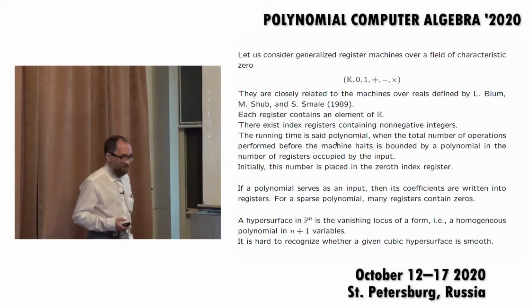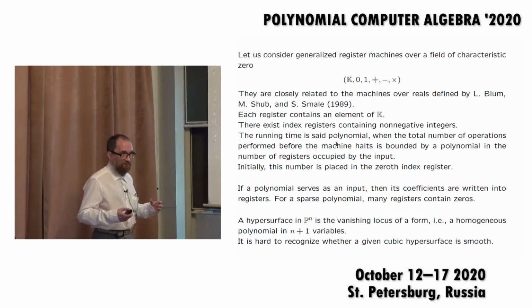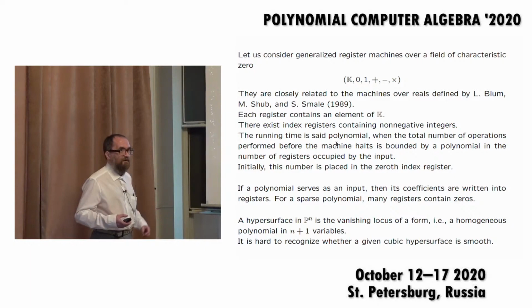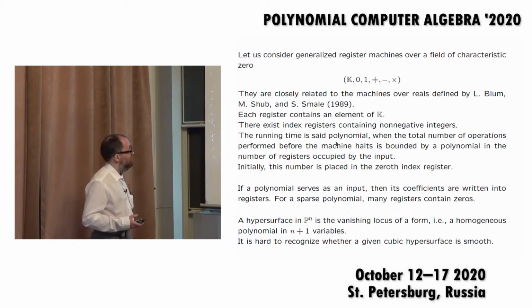It contains infinitely many registers. Each register contains a number that is an element of the field K. If K is the field of complex numbers, we can place a complex number, for example, square root of 2, in this register.